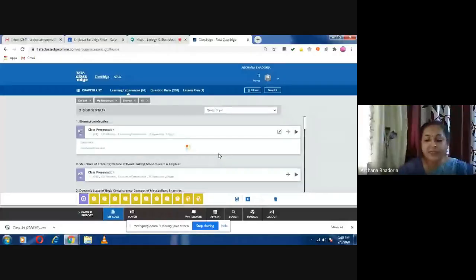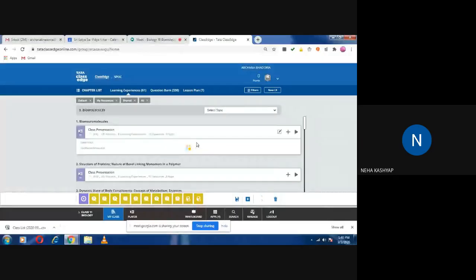Can anyone give the answer? Why are you calling carbohydrates the hydrates of carbon? Because they are originating from water? No, they are not coming from water. Because the ratio of hydrogen and oxygen is the same as that of water.